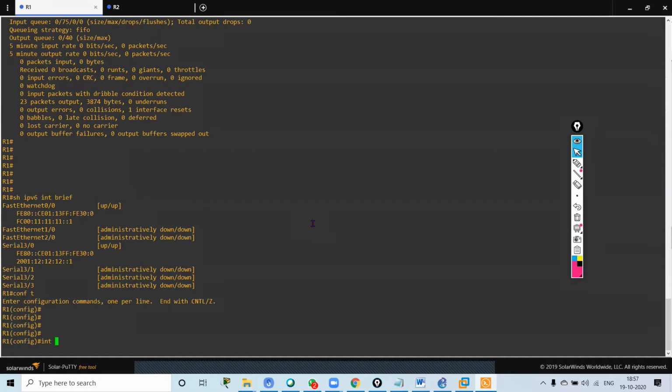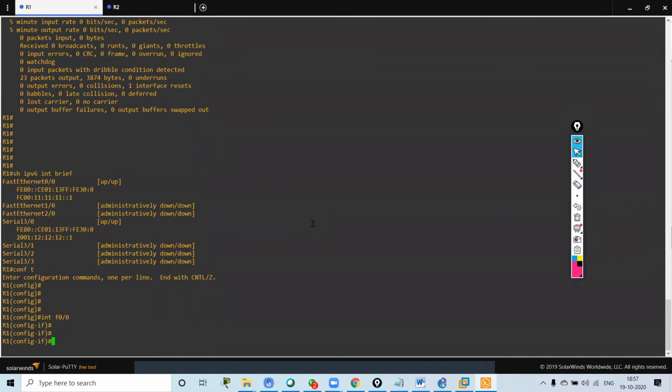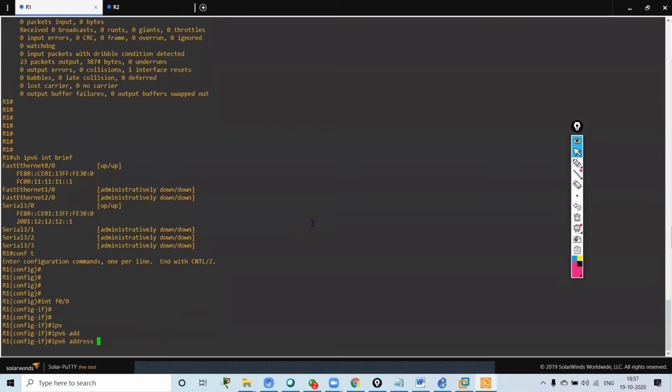I can go on the interface FastEthernet 0/0 and say IPv6 address FE80::1. This is the address I want on R1.